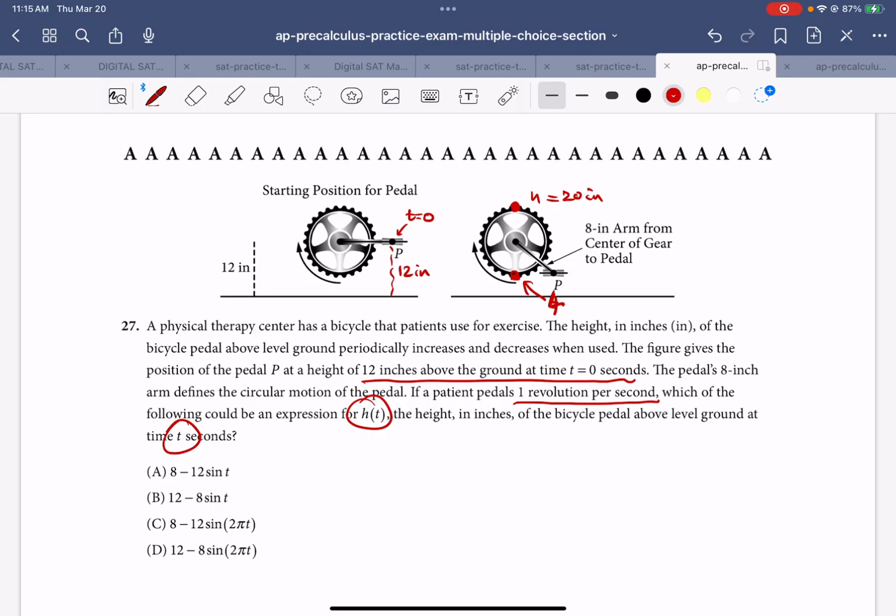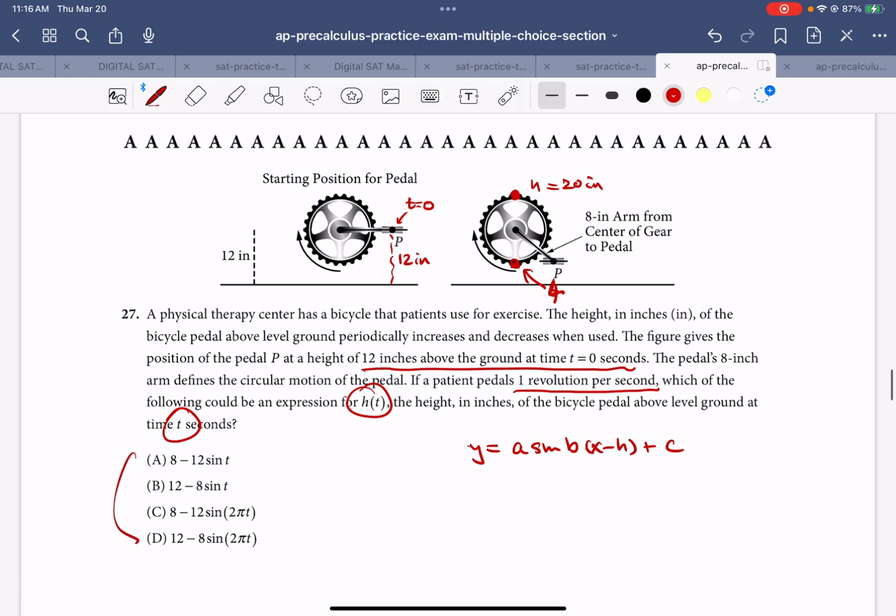So we know that the center line is 12. If you think about y equals a sine of b times x minus h, plus c, that's the standard form of sine. I'm going to use sine because if you look at the answer choices, it's only sine.